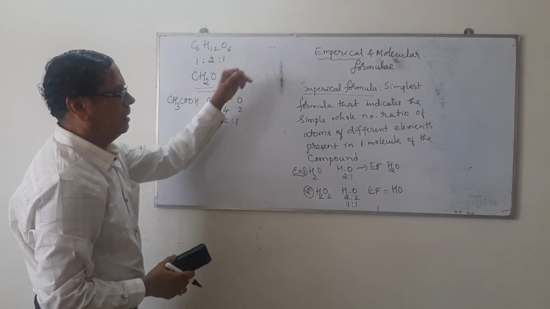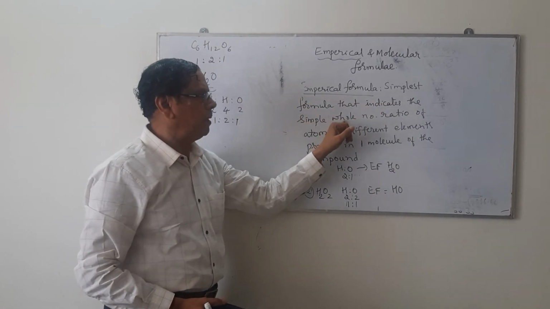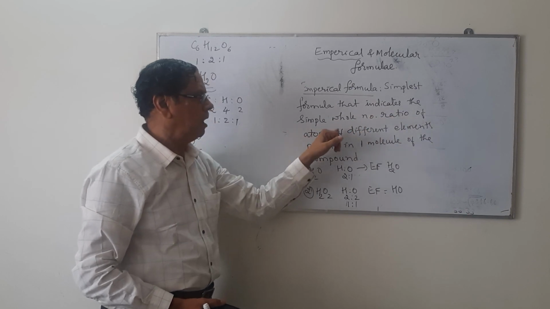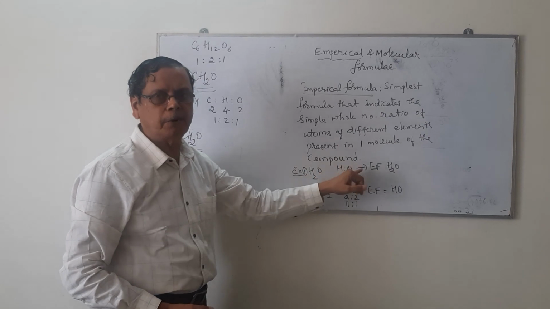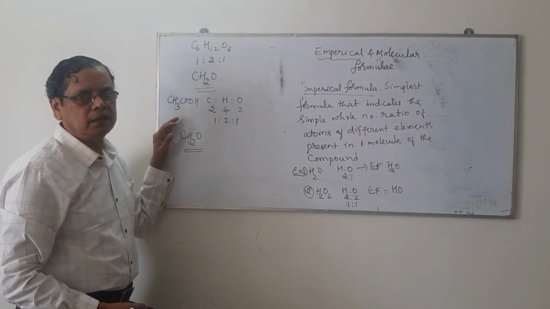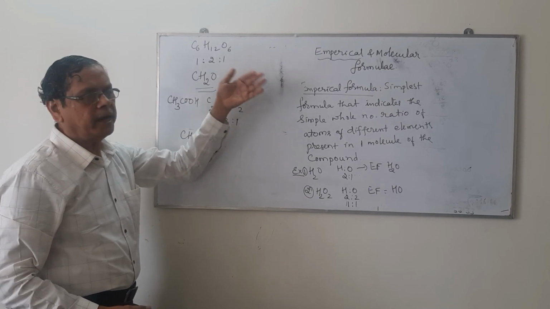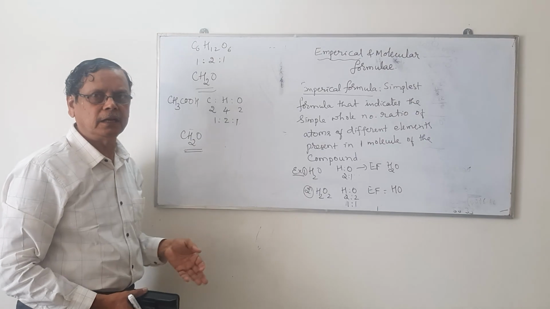It is the simplest formula that indicates the simple whole number ratio of atoms of different elements present in one molecule of the compound. The calculation of the empirical formula, and what the molecular formula is and how to calculate it, we shall take up in the next video.